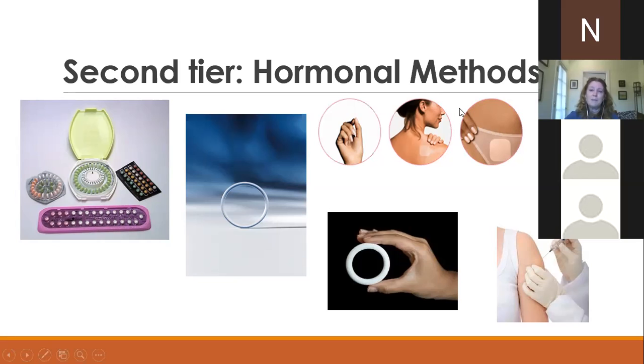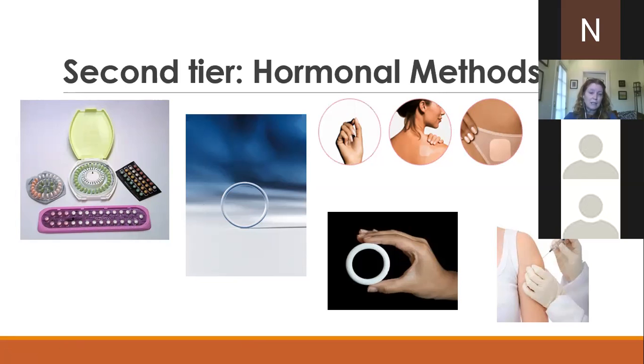These other methods, the pill, the patch, vaginal ring, they all work the same way. They give you hormones for 3 weeks. We take the hormone away, you bleed, but it stops you from ovulating. It's the main way. So the pill is something that you take daily. So 1 pill every day, about the same time every day. The patch is a weekly method. So you're switching patch every week.